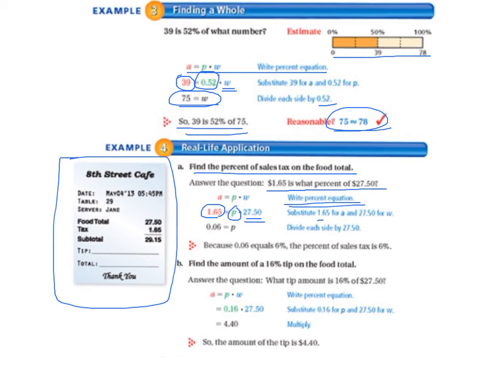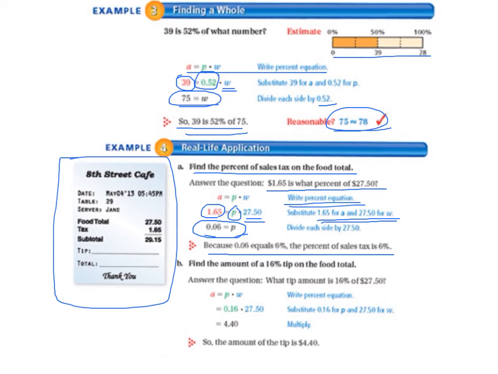So we substituted in $1.65 for A and $27.50 for W. And we divide each side by $27.50, and that gives us 0.06. Because 0.06 equals 6%, the percent of sales tax is 6%.